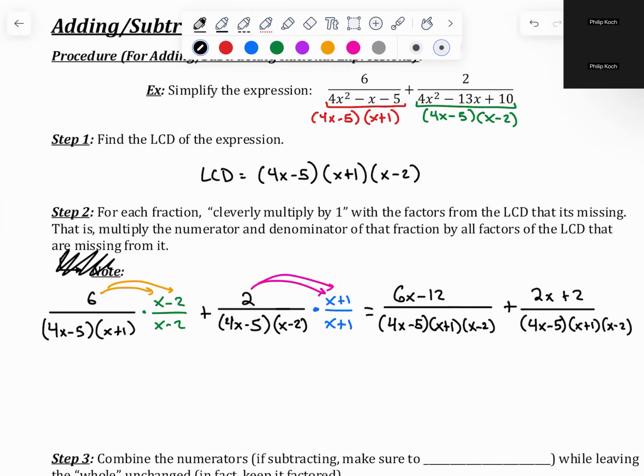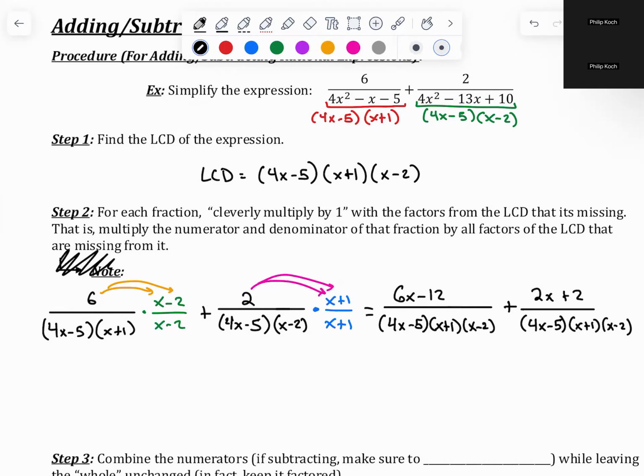Once again, you might be thinking, but Phil, the second fraction should be 4x minus 5 times x minus 2 times x plus 1, not the other way around. But remember, multiplication is commutative, so it doesn't matter the orientation. A times B is the same thing as B times A. Doesn't matter.